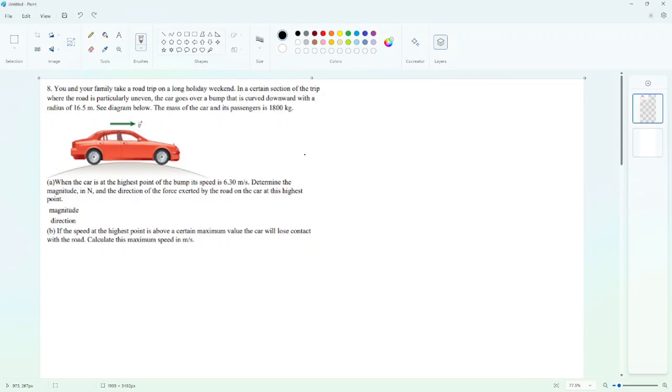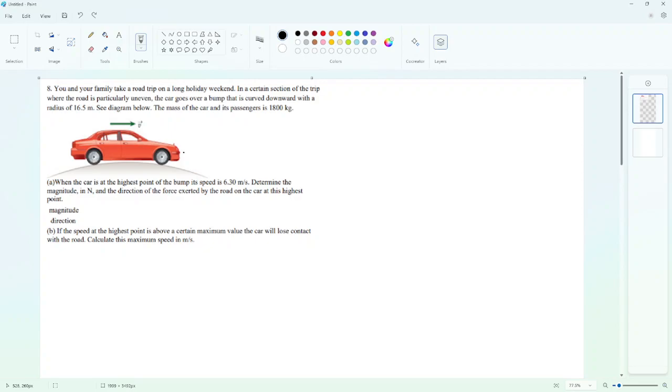Question 8 asks, you and your family take a road trip on a long holiday weekend in your Benz. This is clearly a Benz. The entire family has bands. In a certain section of the trip where the road is particularly uneven, the car goes over a bump that is curved downwards with a radius of 16.5 meters. See the diagram below. The mass of the car and its passengers is 1,800 kilograms.